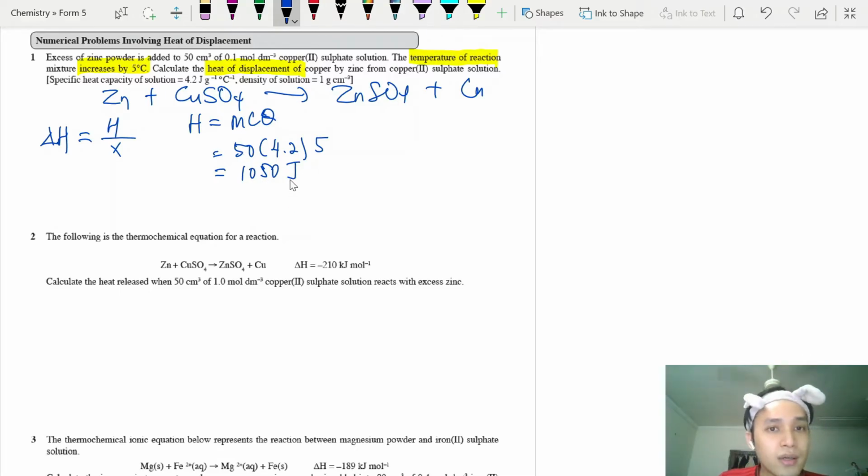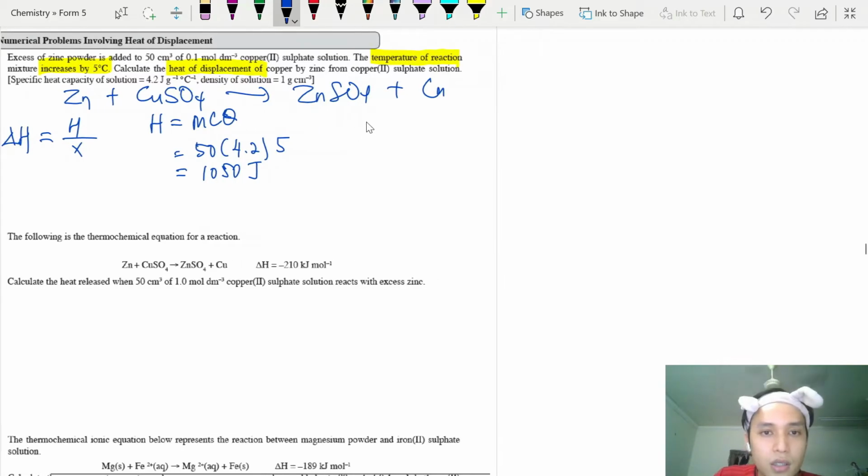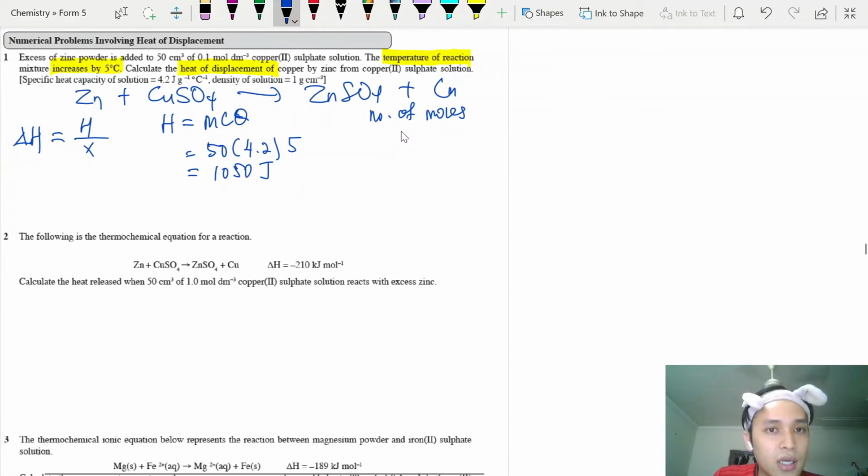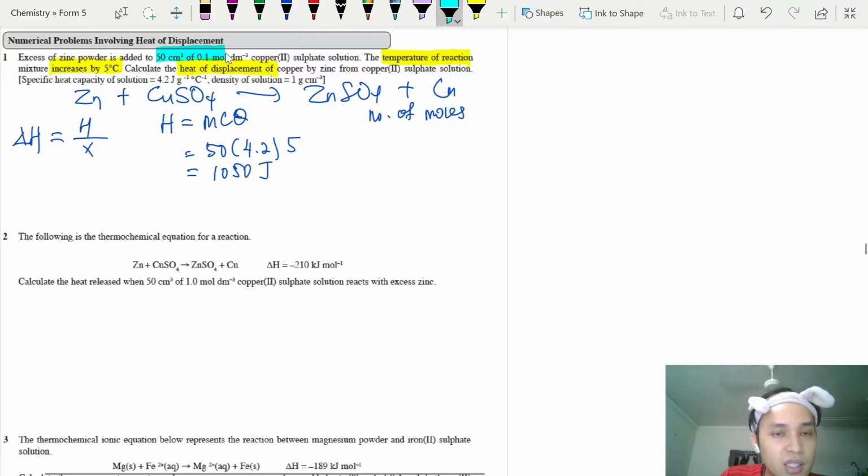Now to calculate the number of moles. Based on the question, I can only calculate the number of moles of copper sulfate because they only give me this information, the volume and the concentration.